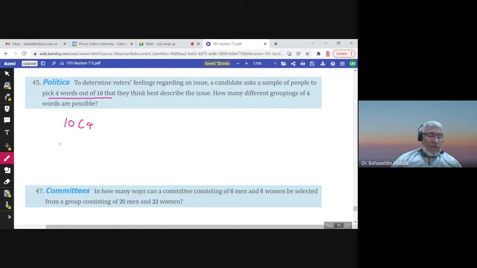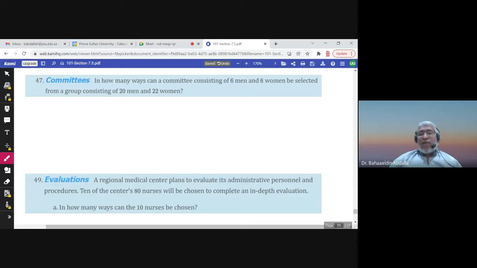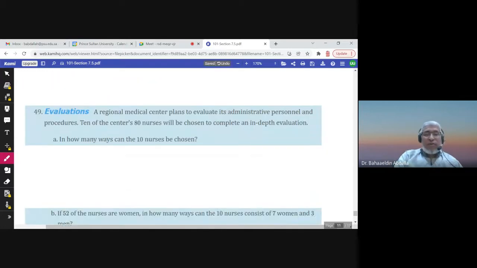So the answer is 10C4. In how many ways can a committee consisting of 6 men and 6 women be selected from a group consisting of 20 men and 22 women? Let us select the men first. I have 20 men. I need to select 6 out of them. Multiply by, I have 22 women. I need to select also 6 out of them. So this would be the number of ways.